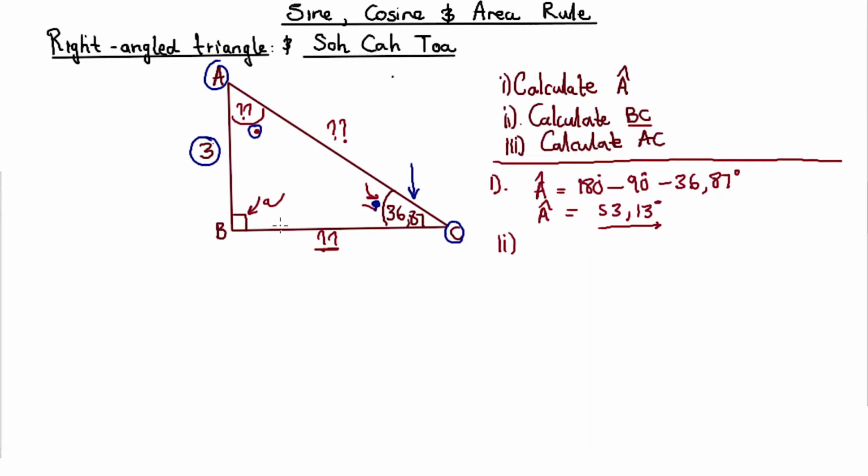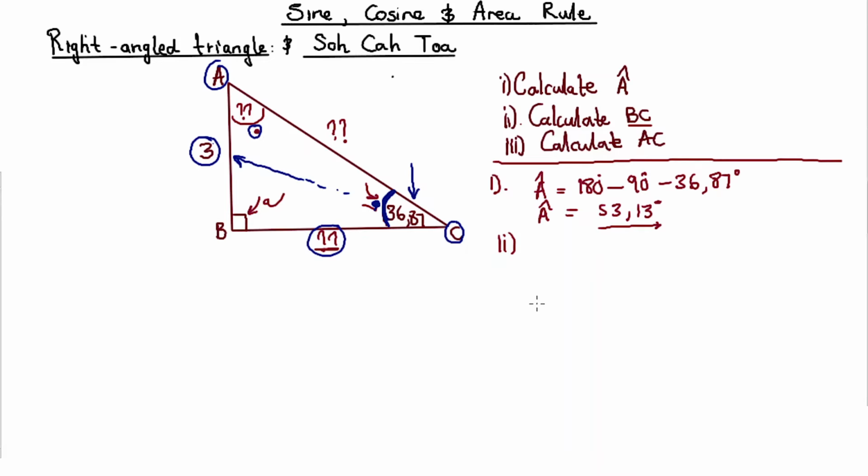I want to use this information to calculate BC. Me referencing angle C makes side AB opposite to this angle, and that makes the unknown side BC the adjacent side, right? So this is the angle that is being referenced. BC is the adjacent side. The length AB, that is the opposite side.